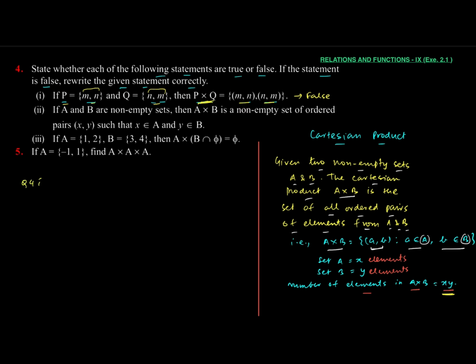In question number 4, part number first, we have set P with elements m and n and set Q with elements n and m. Then what will be the Cartesian product, that is P cross Q?